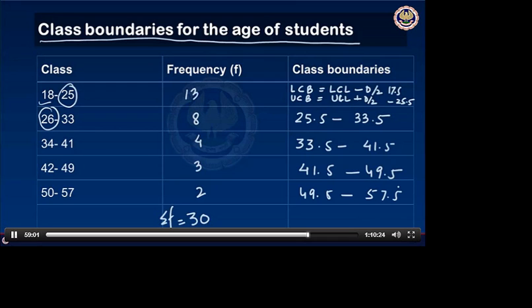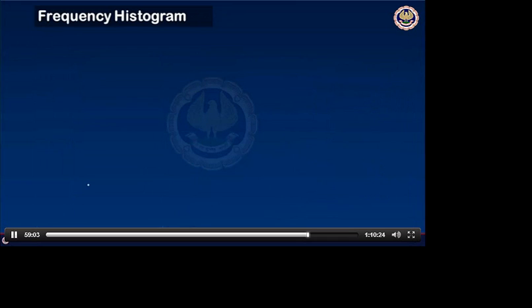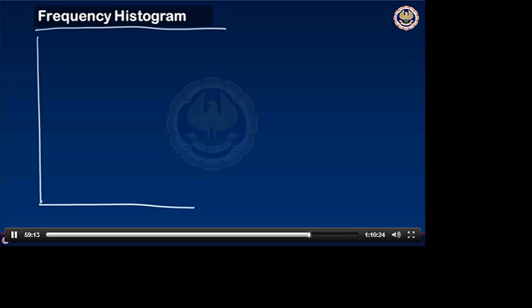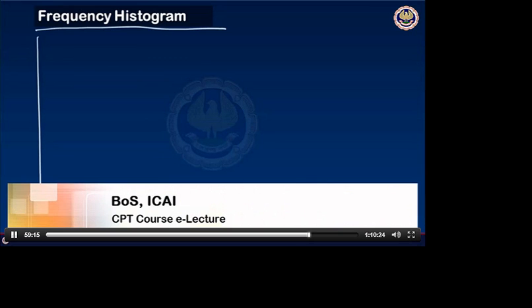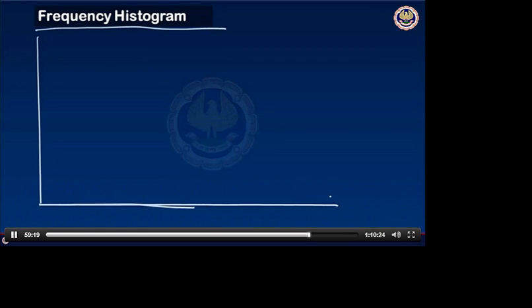Okay, so let's make a frequency histogram. What we'll do is make both the axes. So these are both the axes. We'll put the frequencies here.